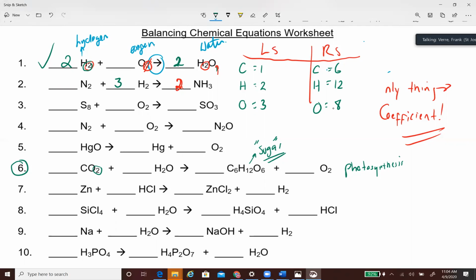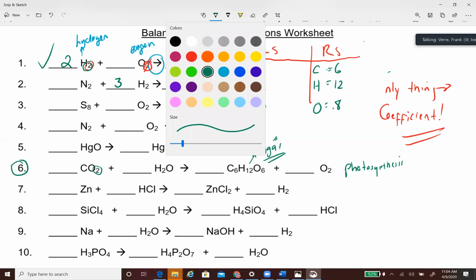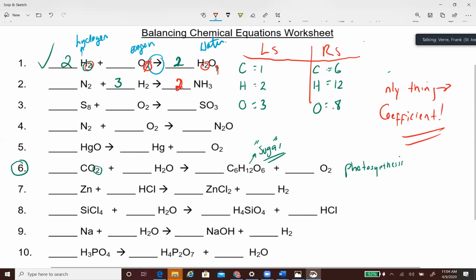So why don't we start with the carbon? Again, there's really no right way to start, but let's start with the carbon because we can see they're all unbalanced. Let's put a number in front here that will give us the same number of carbon. If I take 1 and multiply that by 6, that gives me 6, so I'm going to put a 6 here.